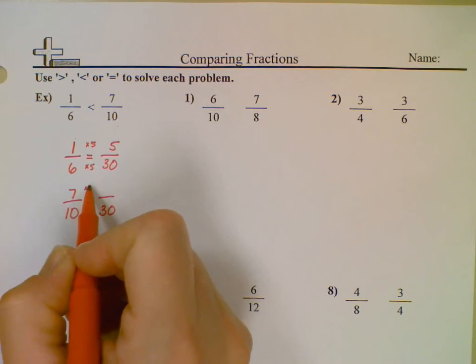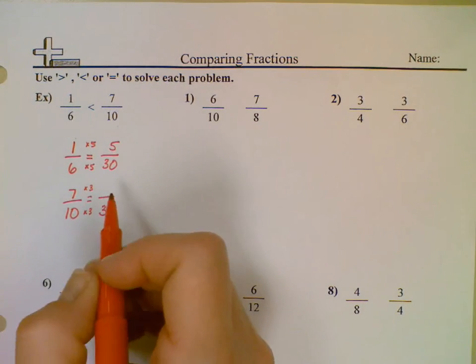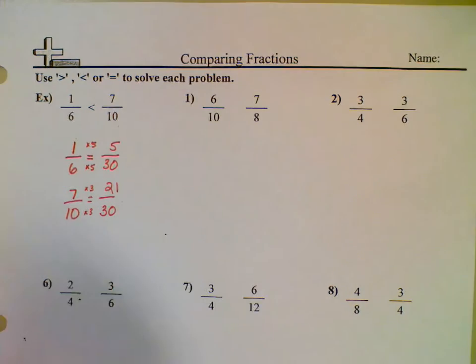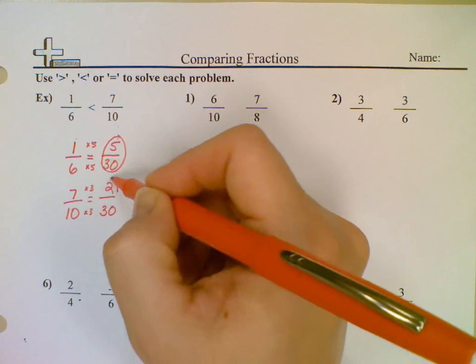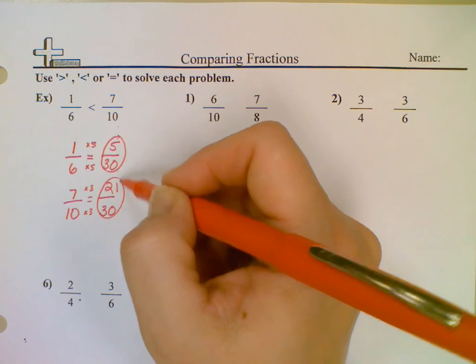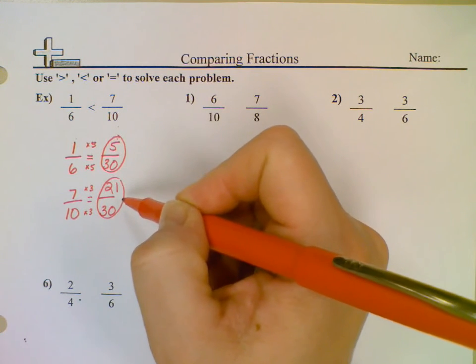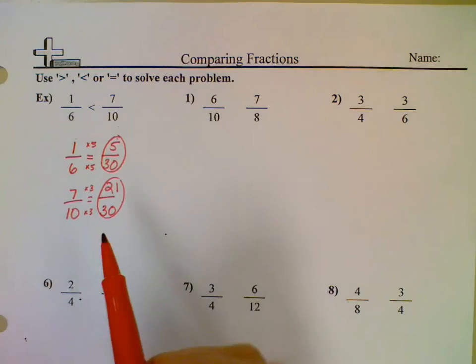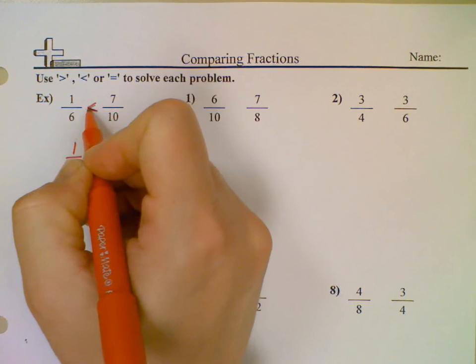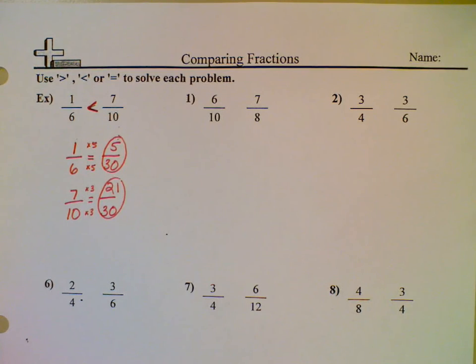Therefore, on the top, my 7 turns into 21. So it is obvious now to see that 5/30ths is a whole lot smaller than 21/30ths. So therefore, 1/6 is less than 7/10.